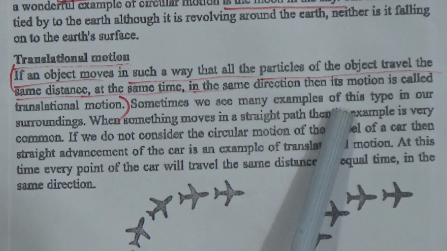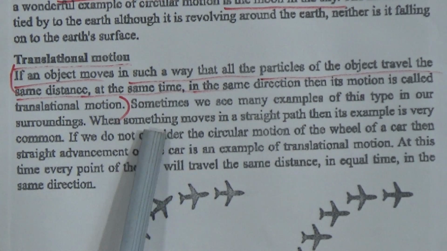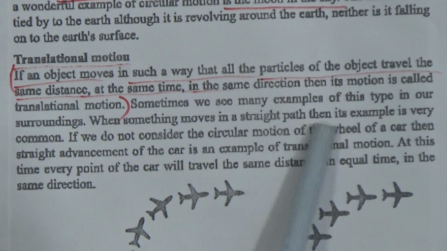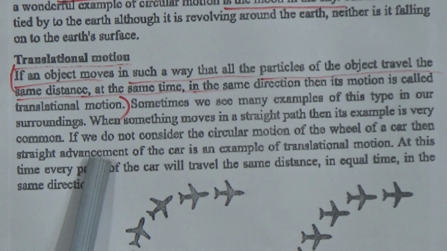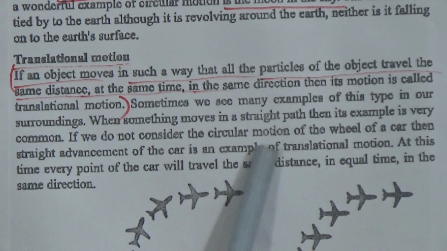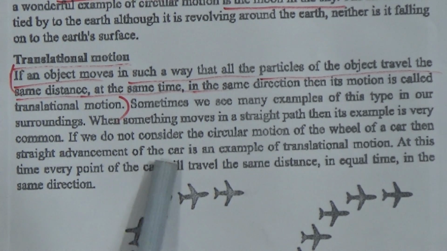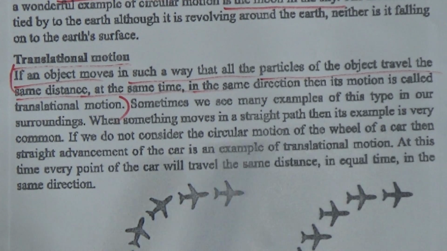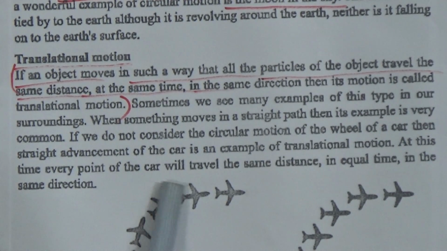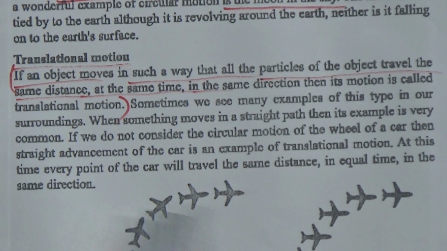Okay, now let us give an example. Sometimes we see many examples of this type of motion in our surroundings. When something moves in a straight path, its example is very common. But if we do not consider the circular motion of the wheel of a car, then the straight advancement of the car is an example of translational motion, and at this time every point of the car will travel the same distance in equal time and in the same direction.